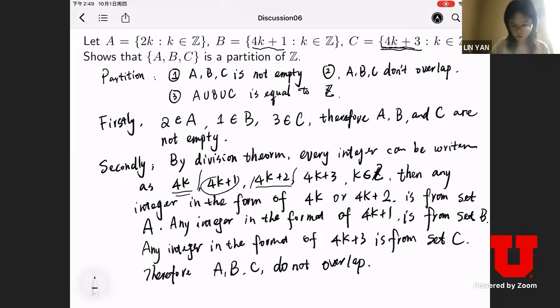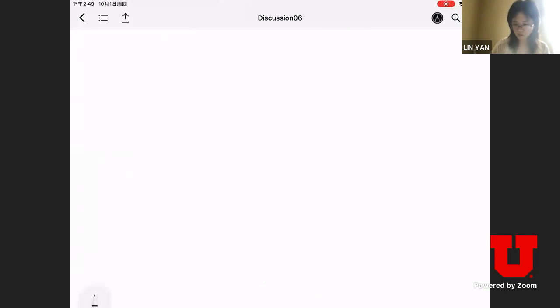And thirdly, we need to show the union of these 3 is equal to the integer set. Actually, we have already done that, but you still need to write it down.